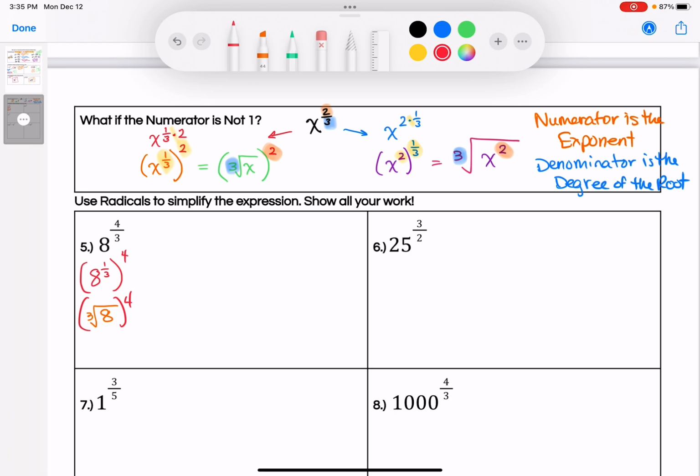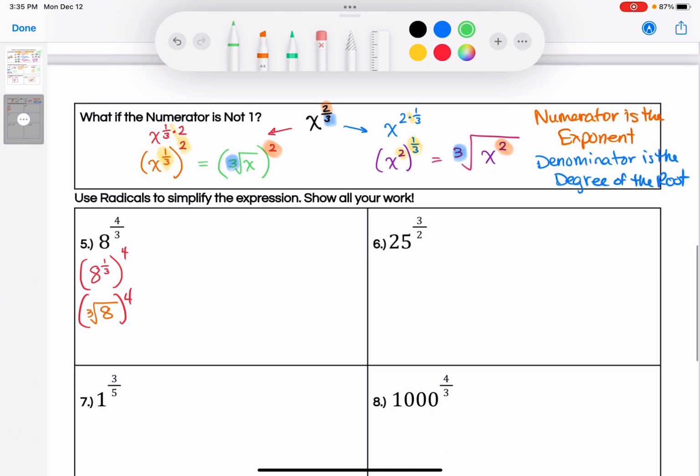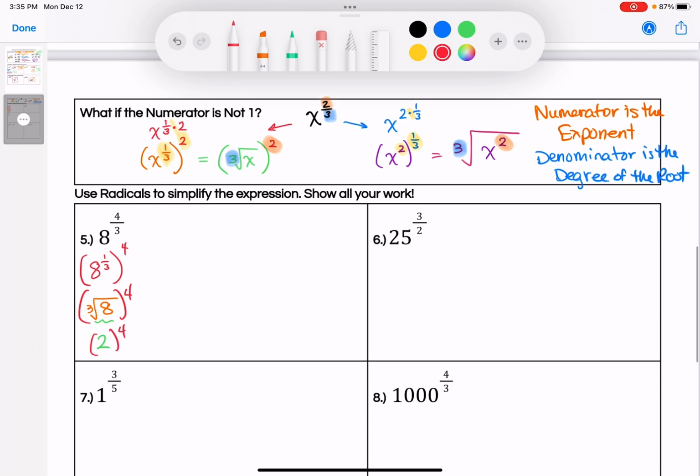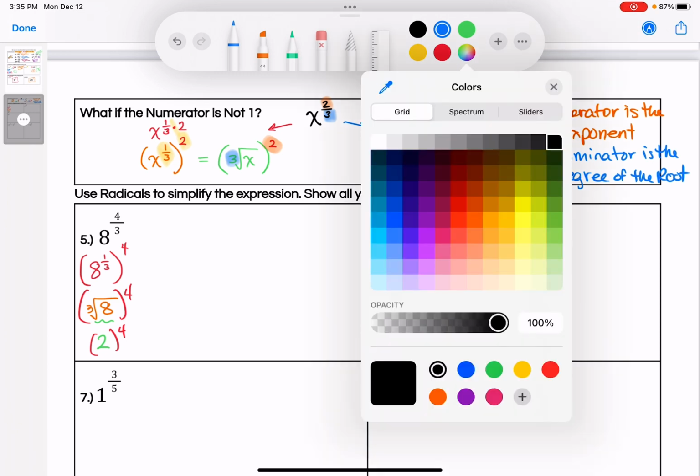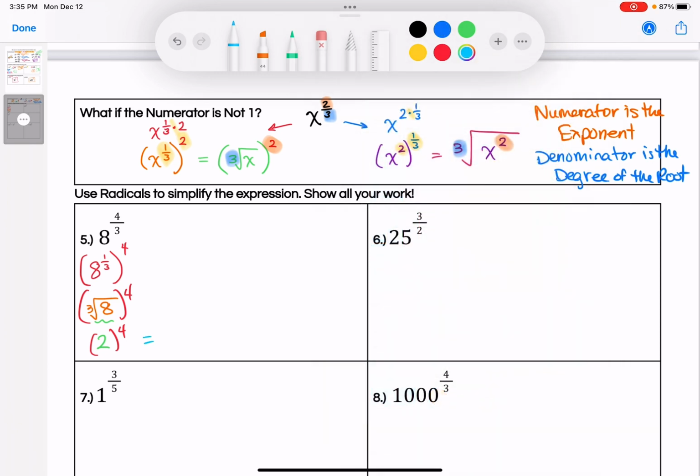Okay, so the 3rd root of 8, well, what times itself 3 times gives me 8? That would be 2, right? So now I still have 2 to the 4th power, and 2 to the 4th power equals 2 times 2 is 4, times 2 is 8, times 2 is 16. So I can still do it, right? You just have a step after figuring out what that root is.